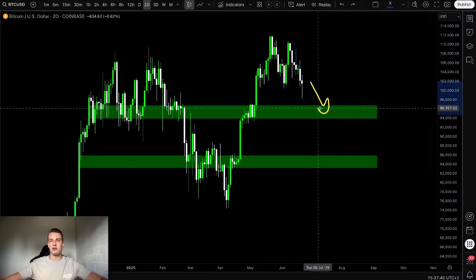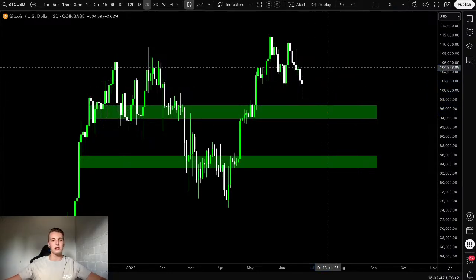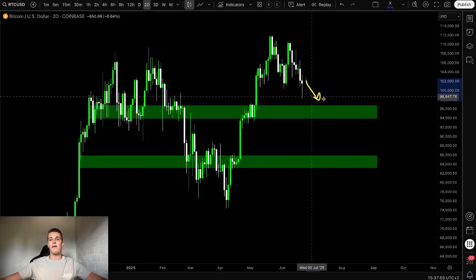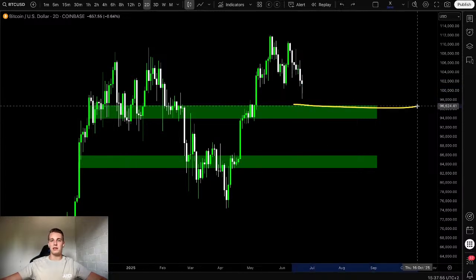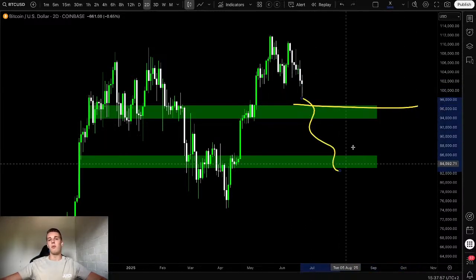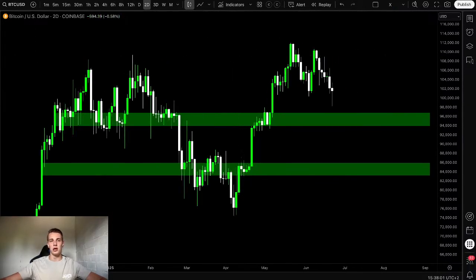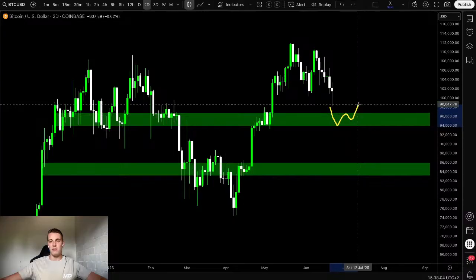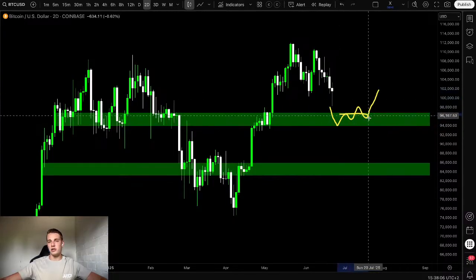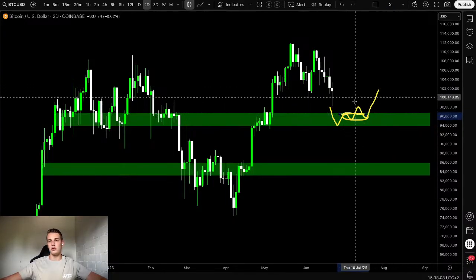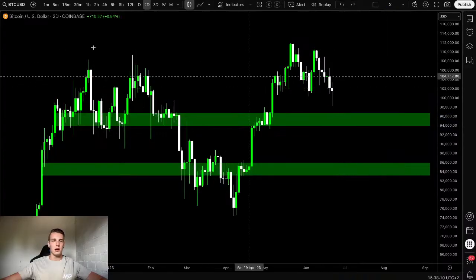Why? Because there's a really big chance that if there is news about the situation in Iran and Israel, we will have a very big move towards the downside. That means you would get filled, but maybe we dump way more towards the downside, and that's not where you want to be in a position. So if we tap this zone, I'm looking for some bullish signals around it to open up trades.